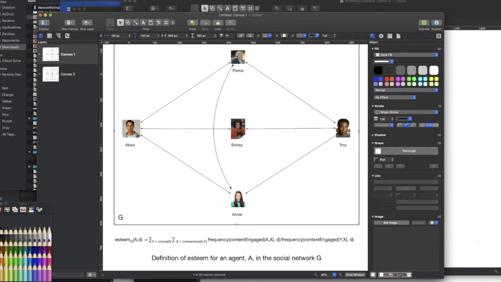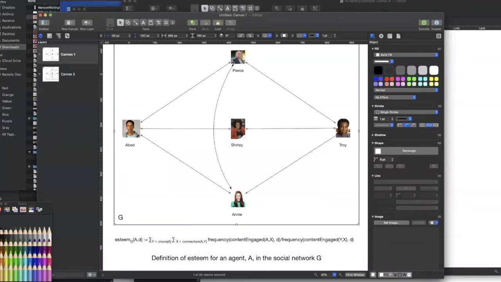Do you mean what the relative esteem would be, so the community is going to make a judgment about the comparison of Abed to Pierce? Yeah, okay. Right. So the idea is we look at the connectors X between A and Y. So we want to judge the relative esteem between Abed and Pierce, right?